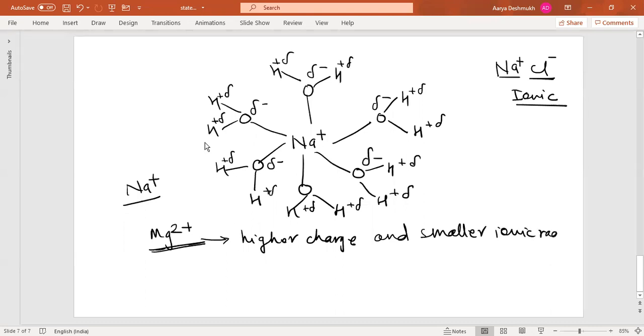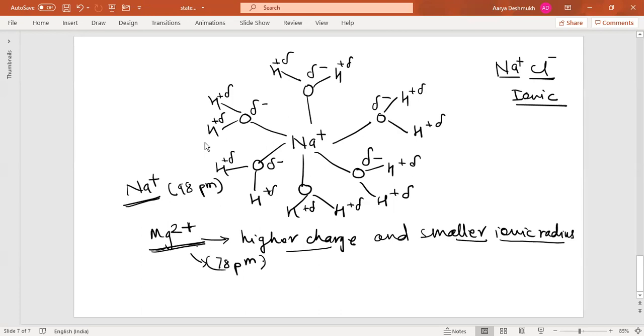As the atom is bigger in size, its radius is larger, and I'm talking about the ionic radius because the charge is more on this. Compared to sodium ion, the ionic radius of magnesium is smaller. In case of sodium ion, the ionic radius is 98 picometer. In case of magnesium ion, the ionic radius is 78 picometer. So it has a higher charge and a smaller ionic radius.